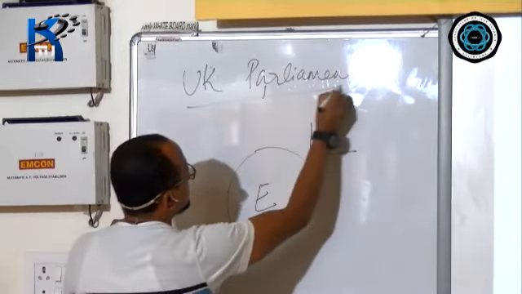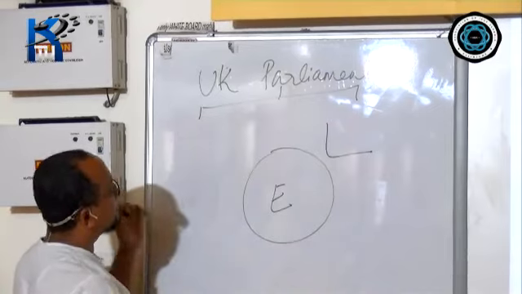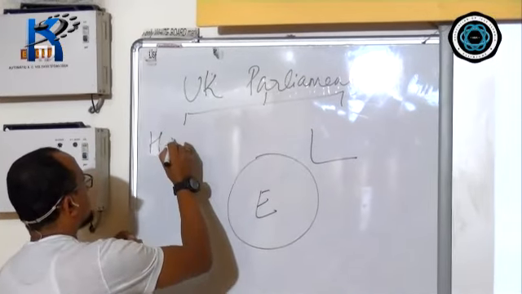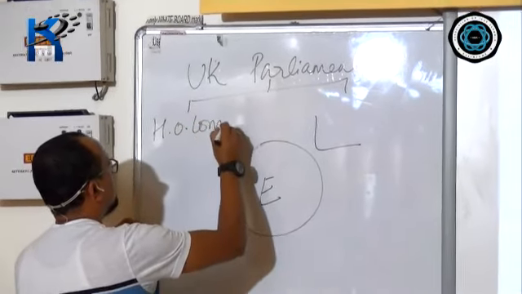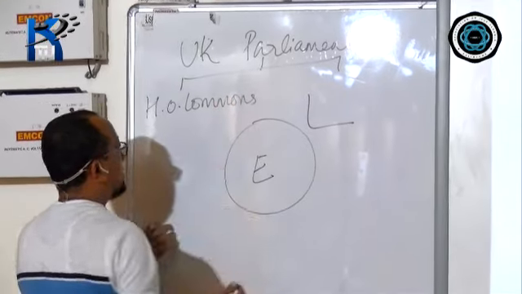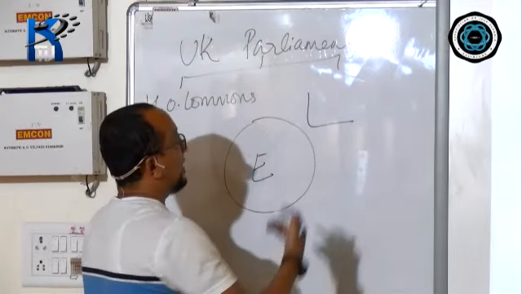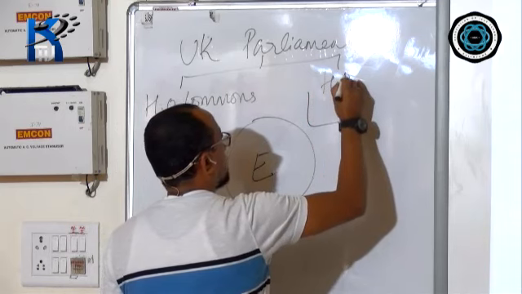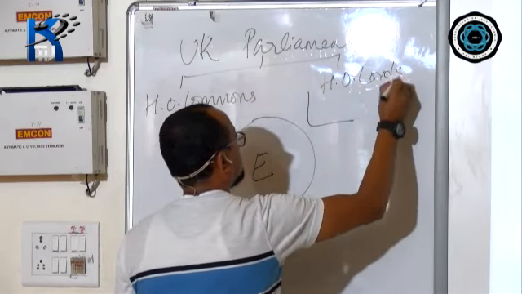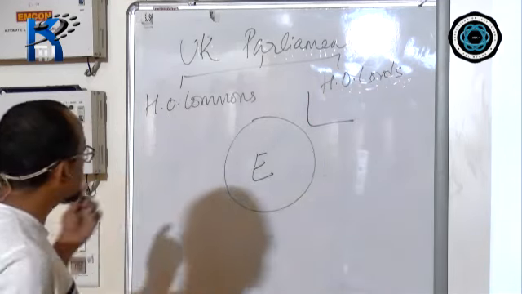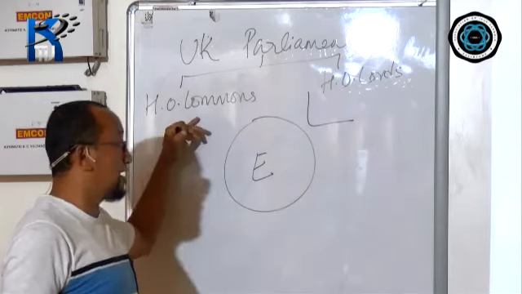It's a bicameral legislature. The two houses are the House of Commons, more like our Lok Sabha, and the House of Lords, the lower house and the upper house.